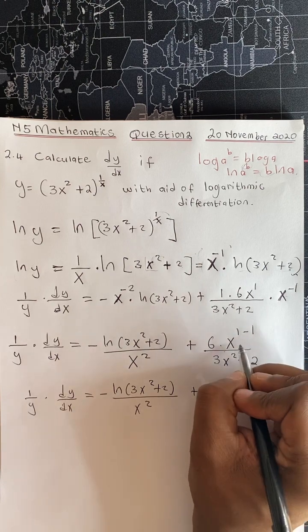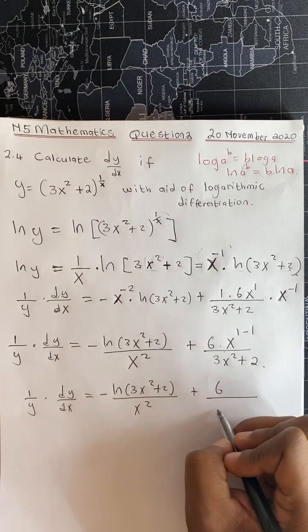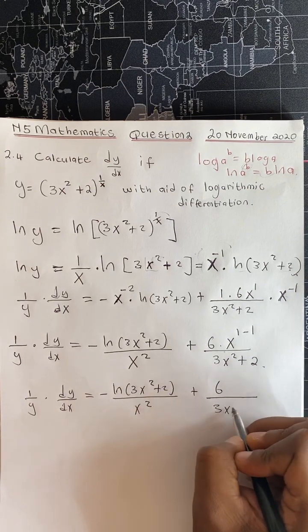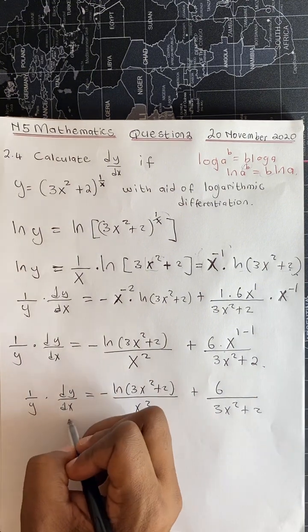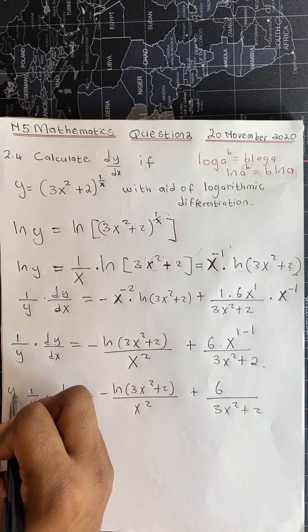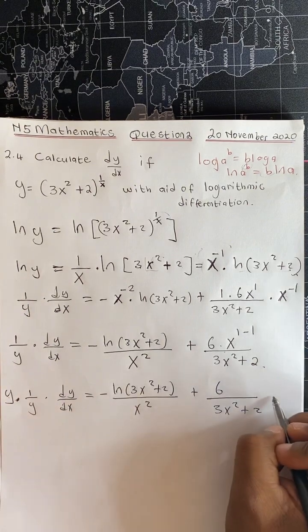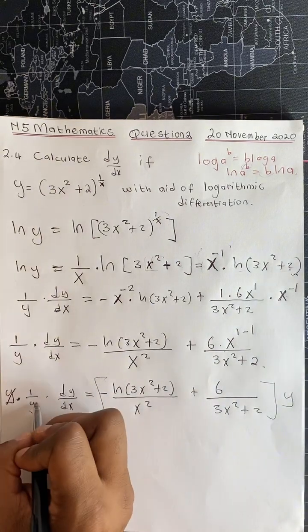So any number or variable raised to the power 0 is equals to 1. So in our denominator now we have 3x squared plus 2. So like I said, we are looking for dy over dx, not 1 over y multiplied by dy over dx. So we multiply both sides of the equation by y, so that that y can cancel out with that y.